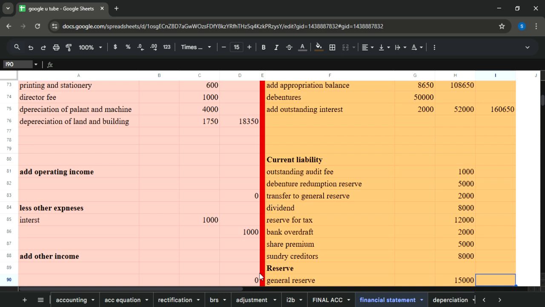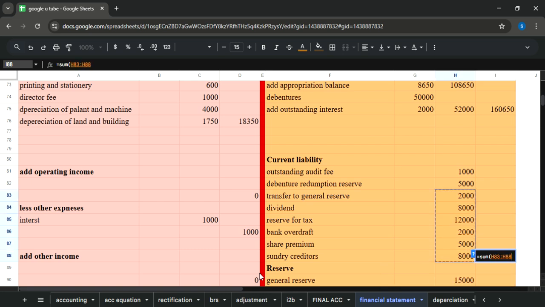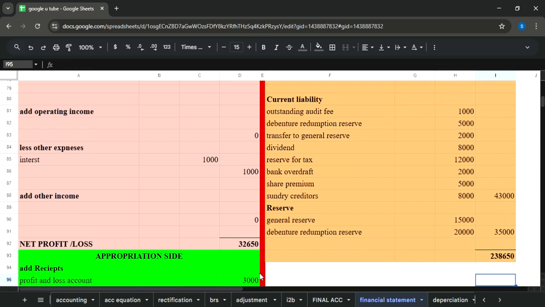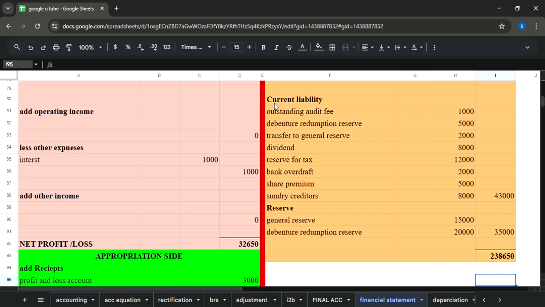After which we are now calculating sum of all current liabilities, and there are two reserves. So simply you will take sum of these reserves. There are three different parts involved in liability side. We were having fixed liability, current liability, and reserve. Then we have taken sum of these three.